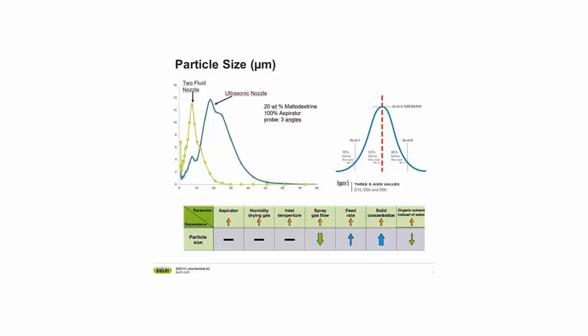But you can see on the graph that even there, the highest particle size we can feasibly get is 40 to 50 microns, with a mean around 25 for the ultrasonic nozzle and around 10 for the two-fluid nozzle. This is due to the drying path that we have in a lab unit.